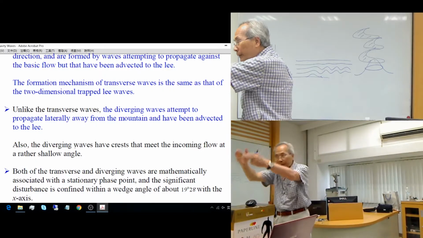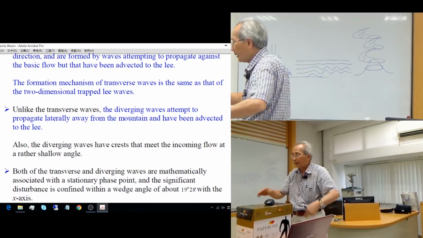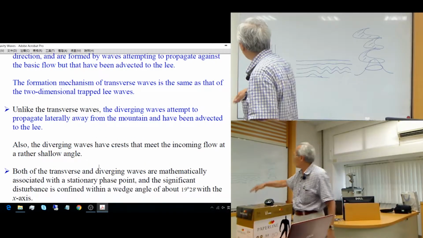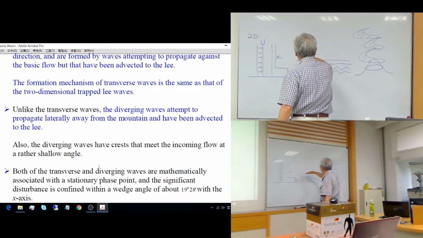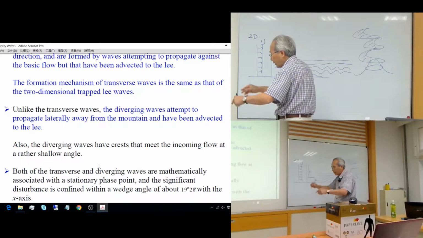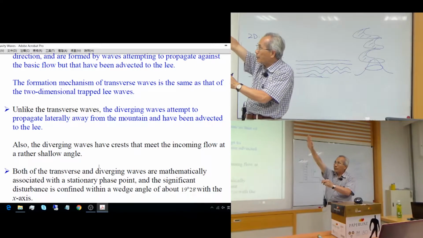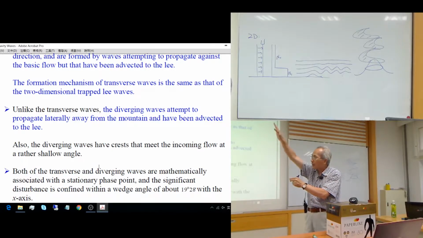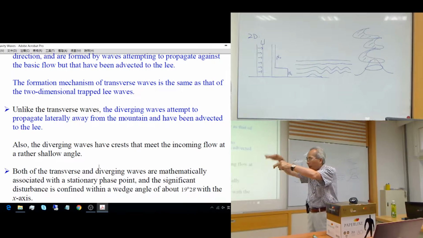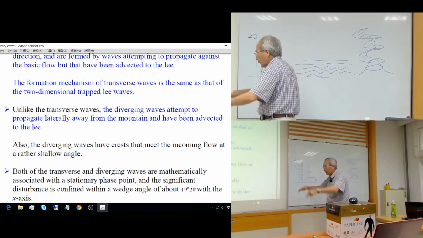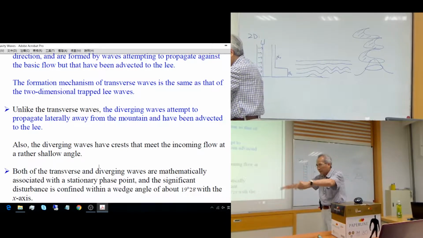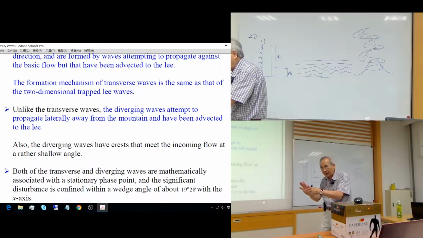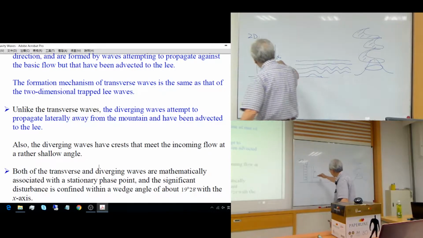But divergence waves are more like ship waves instead of U-shaped waves, and the reason is that here we also have trapping. So it tries to propagate up, but because of this cap, it is going to diverge out horizontally, because it has a harder time propagating up.